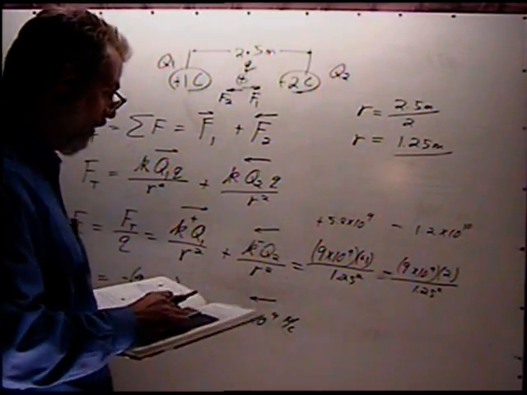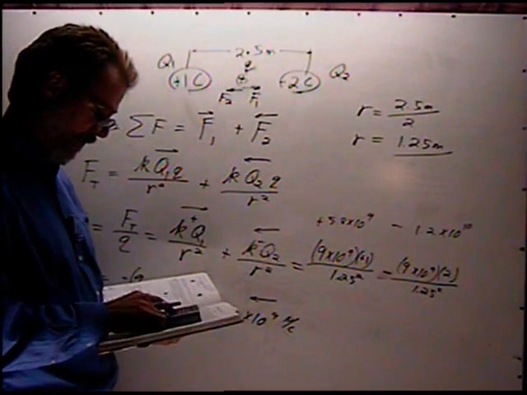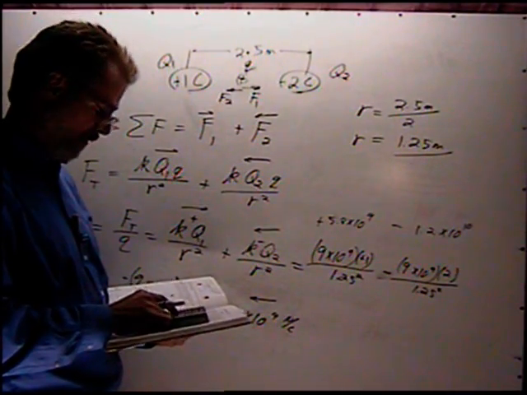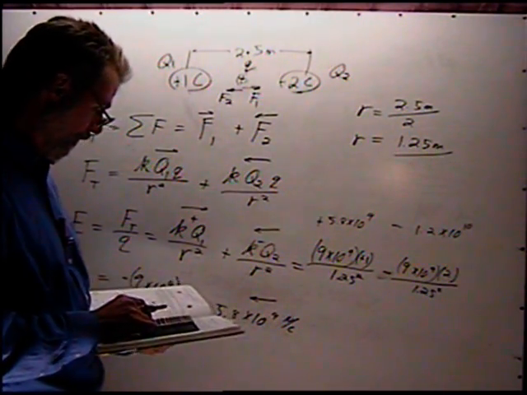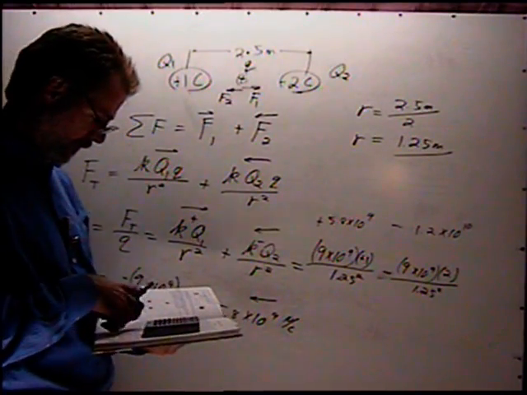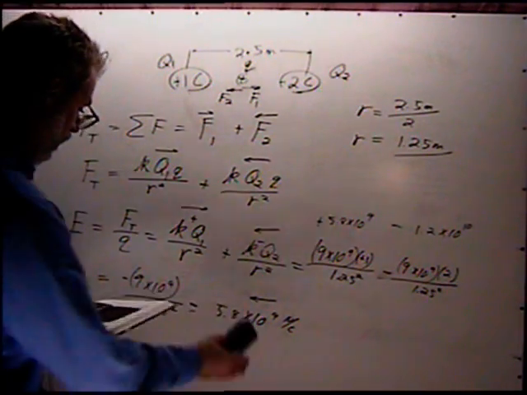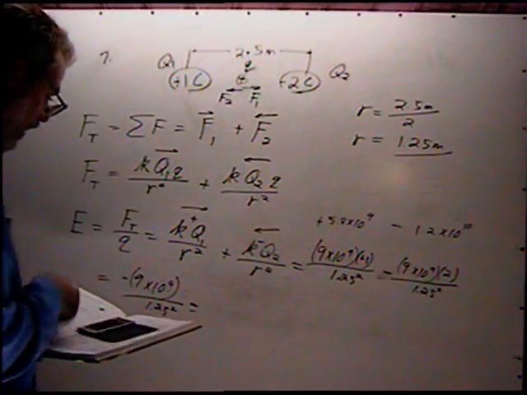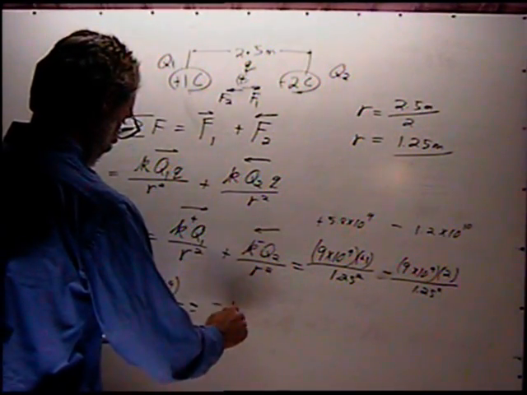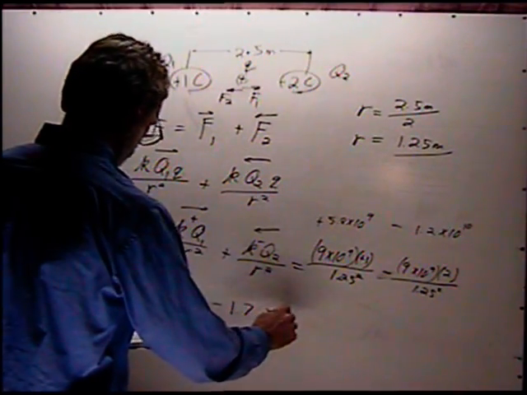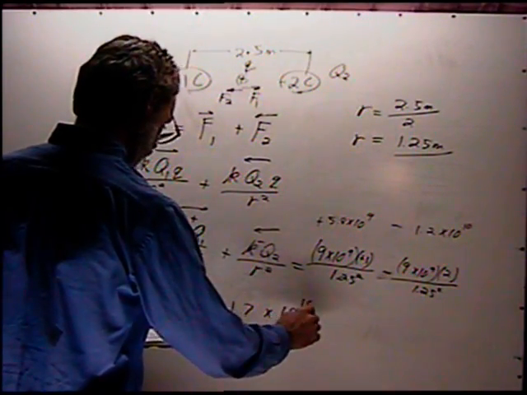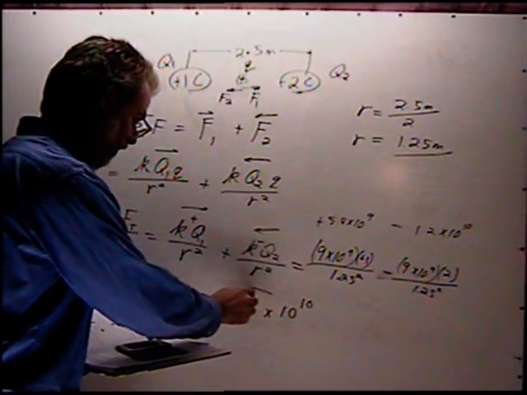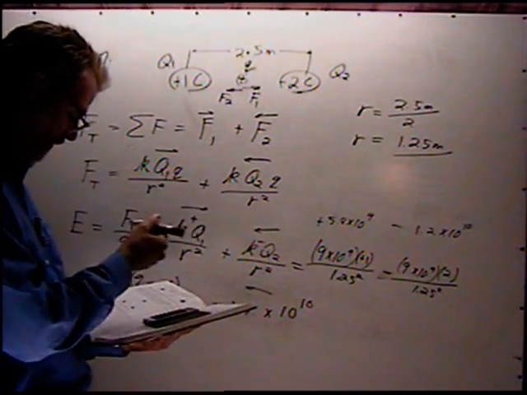And if I add those together, I get minus 1.7 times 10 to the 10th. And that's actually a field going to the left.